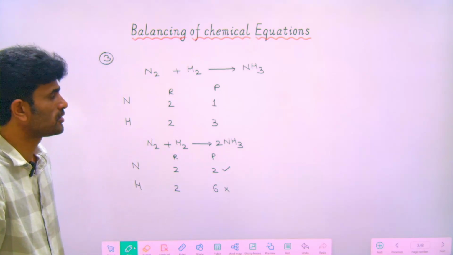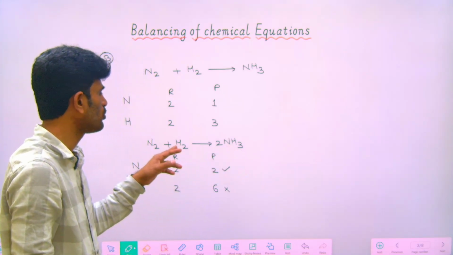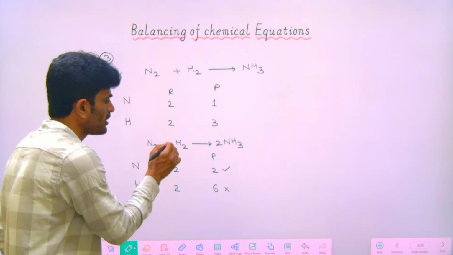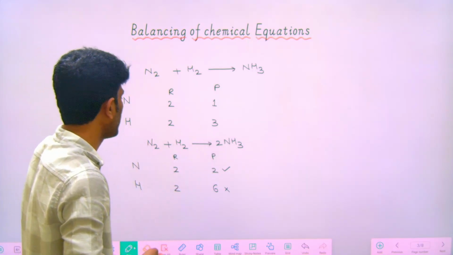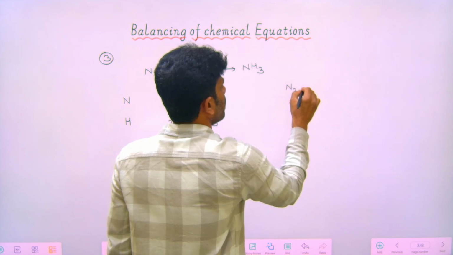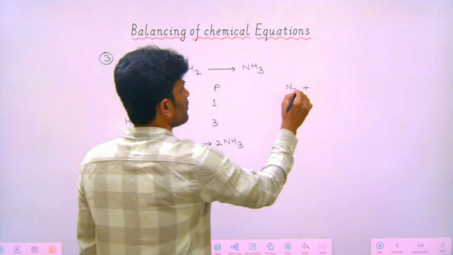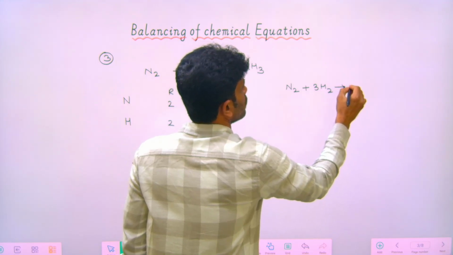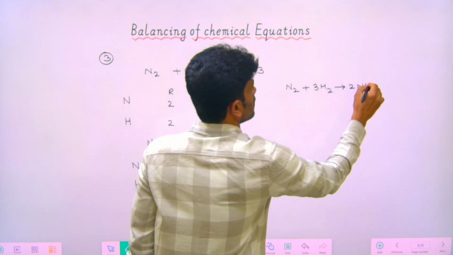We have to balance hydrogens. Here 6 hydrogens we have, here 2 hydrogens we have. To get 6 hydrogens, what we have to do? We have to write 3 here so that hydrogens will be balanced. So what is our final equation? N2 plus 3H2 gives rise to 2NH3.